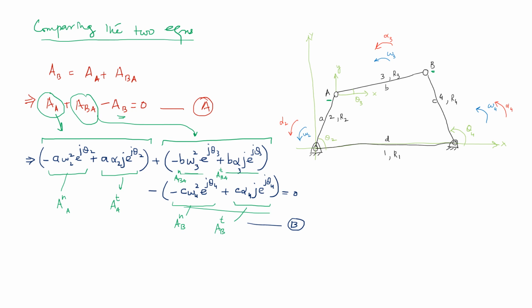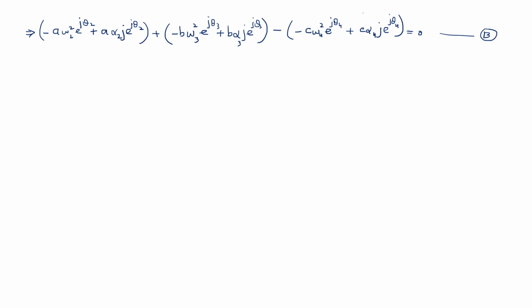So in this fashion, you can have the two expressions correlated. Obviously, in expression B, we can see that A, B, and C are the link lengths. So we already know these.